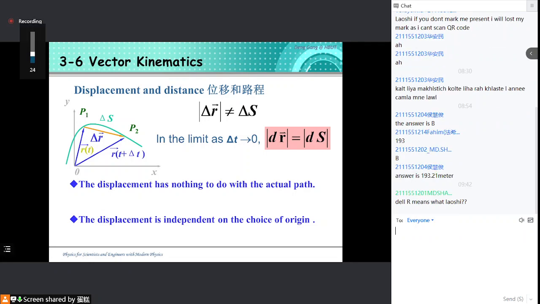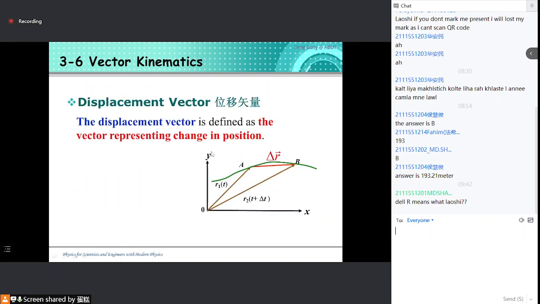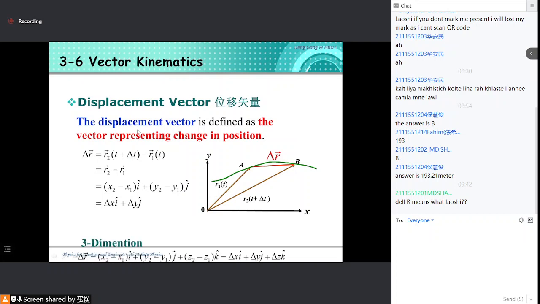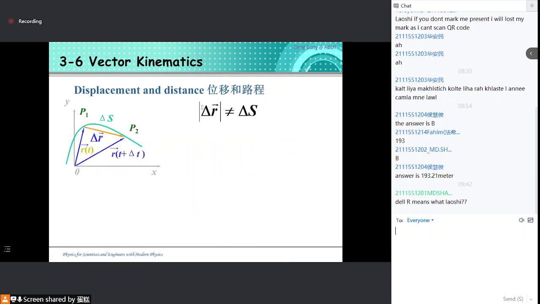And displacement, delta r. What does delta r mean? Here, delta r means the change of the position vector. Starting from r_A to r_B, the change is delta r. So delta r means the displacement vector. And here means the magnitude.